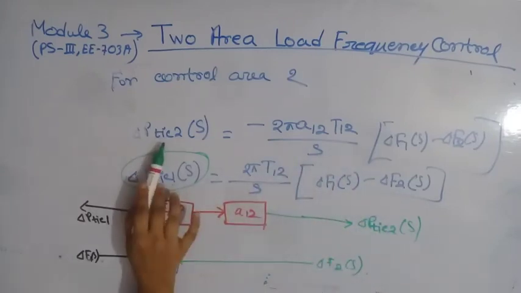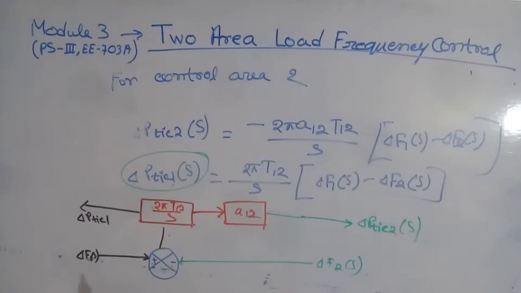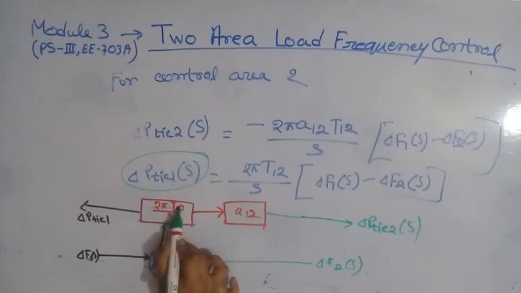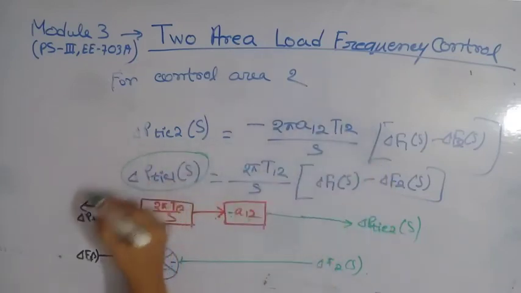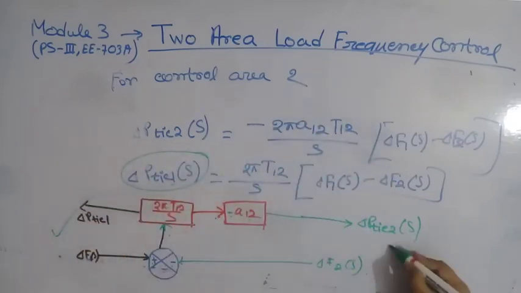And what is tie line power 2? It is delta f1s minus delta f2s into 2 pi T12 by s, and here is the minus sign, minus a12. Okay, so this is the tie line power 1 and this is the tie line power 2.